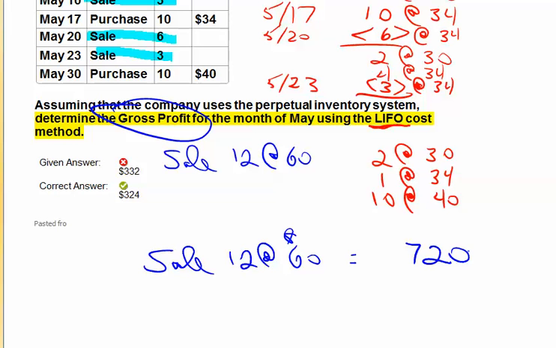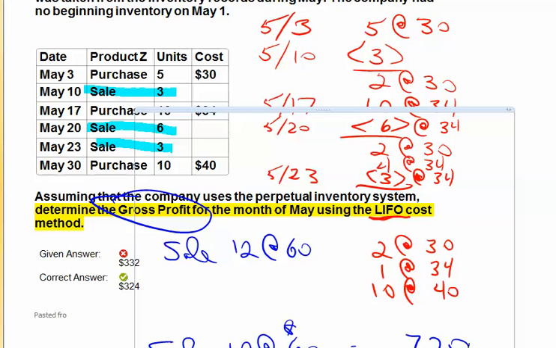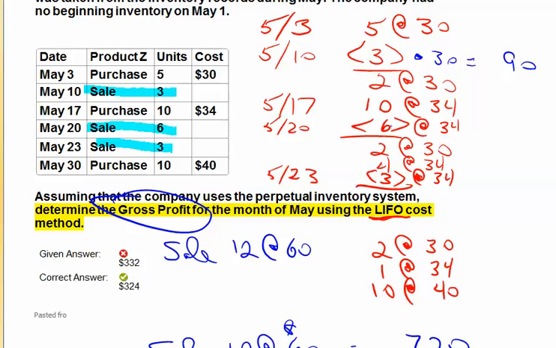All right? Now I need to go back and figure out what my cost of sales were. I know that I sold 3 at 30, so that's $90. I also sold 6 at 34, so that's $204. I sold 3 at 34, which would be 102.